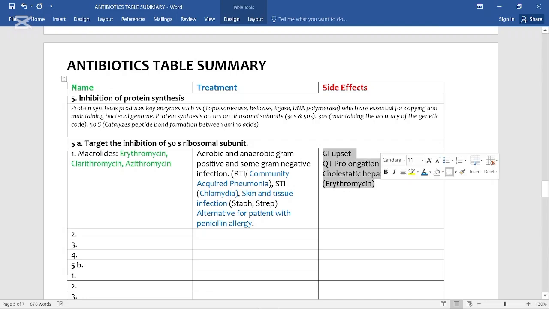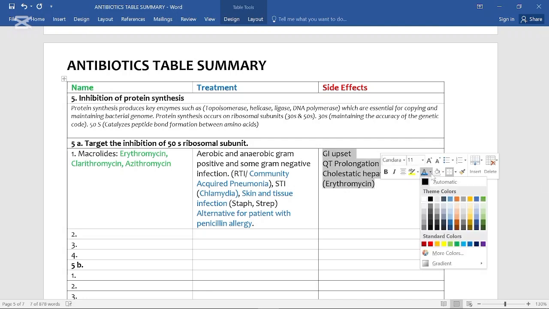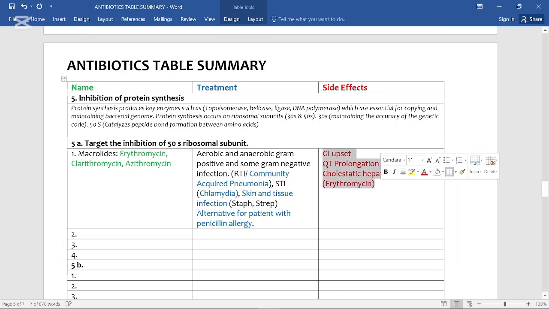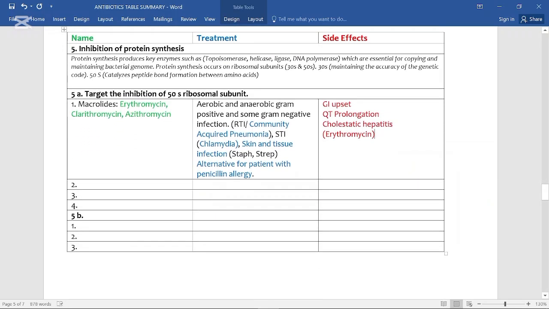There are other side effects, but these are the major ones that you have to know when it comes to using the macrolides. So I believe till there we are together. That's one of the classes of drugs that work by inhibition of the 50S ribosomal subunit. Another class of drugs that work by inhibiting the 50S ribosomal subunit.